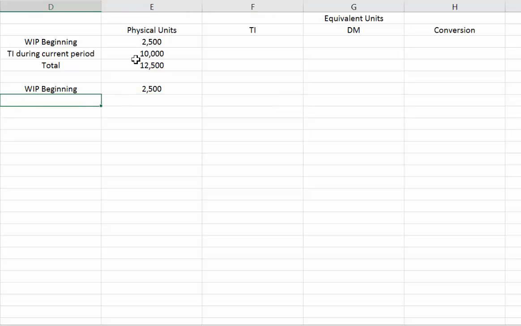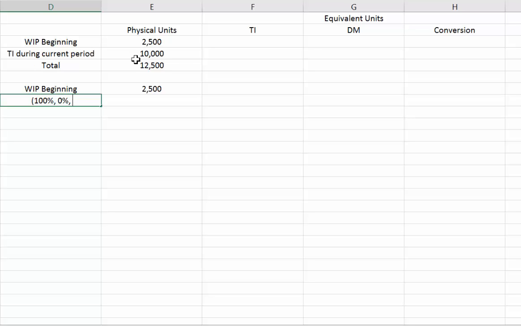So definitely you want to identify the completion. We know that the TI is 100% complete, so no extra cost, no remaining work. For DM, we know that it's 0% completion, which means you definitely have to take care of the 2,500 units in packaging. So you definitely have to invest from 0 to 100%.